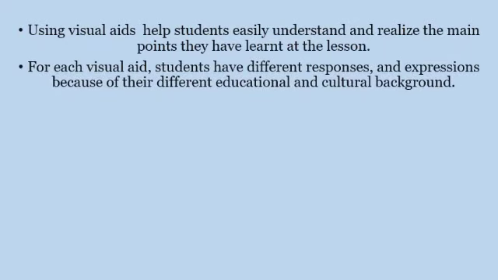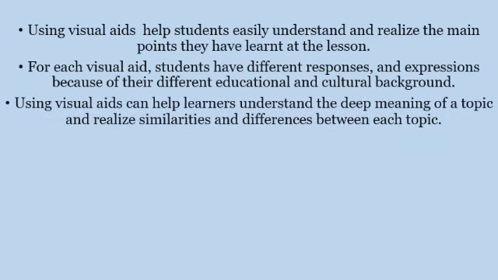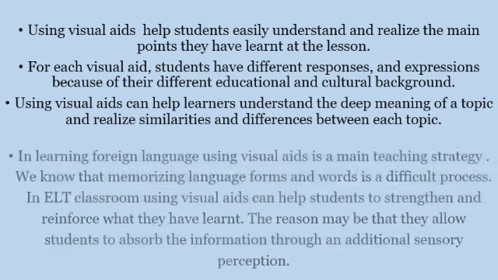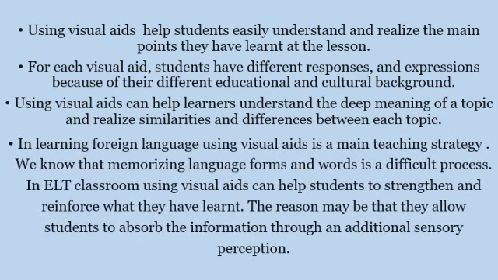For each visual aid, students have different responses and expressions because of their different educational and cultural backgrounds. Using visual aids can help learners understand the deep meaning of a topic and realize similarities and differences between each topic. In learning a foreign language, using visual aids is a main teaching strategy.